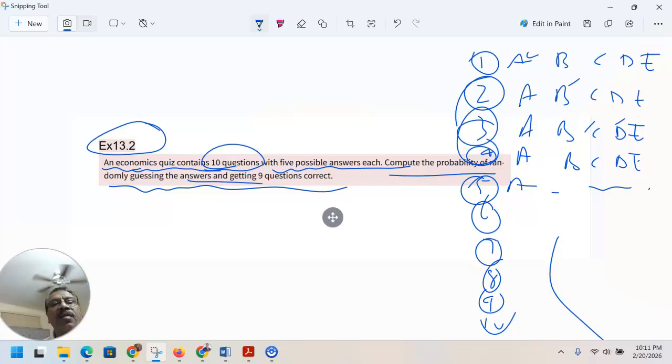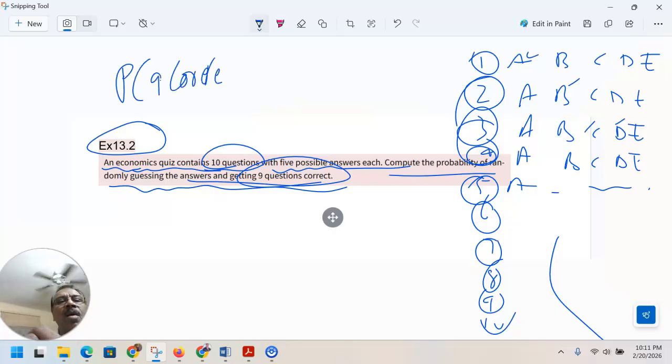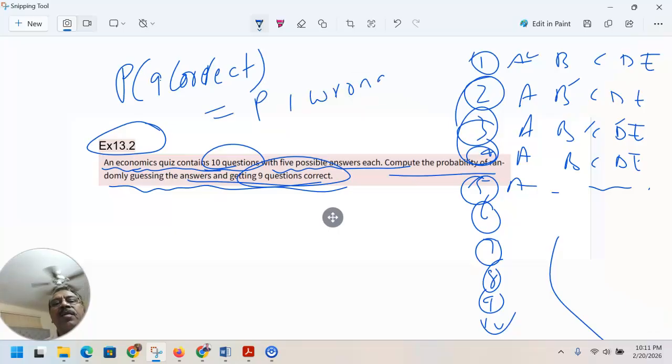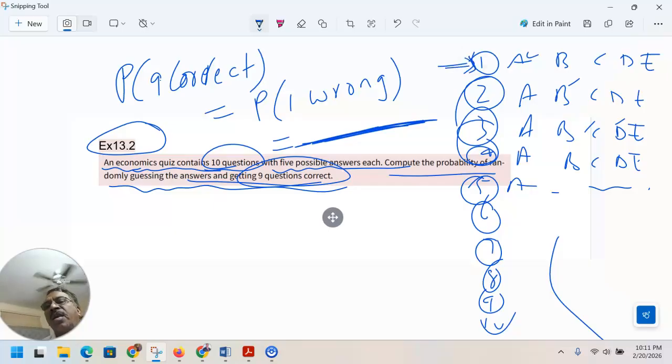So what are the chances of getting nine correct answers? Now, probability of getting nine correct answers means you get one wrong, right? So nine correct means you got one wrong. Now, you have to see what your possibilities are, the total number of ways that you can guess.